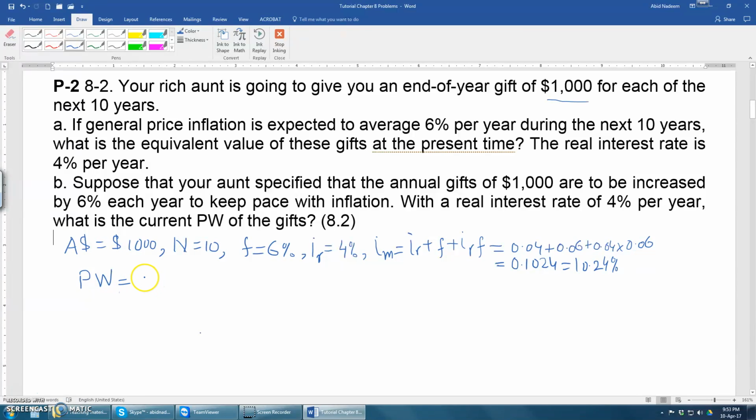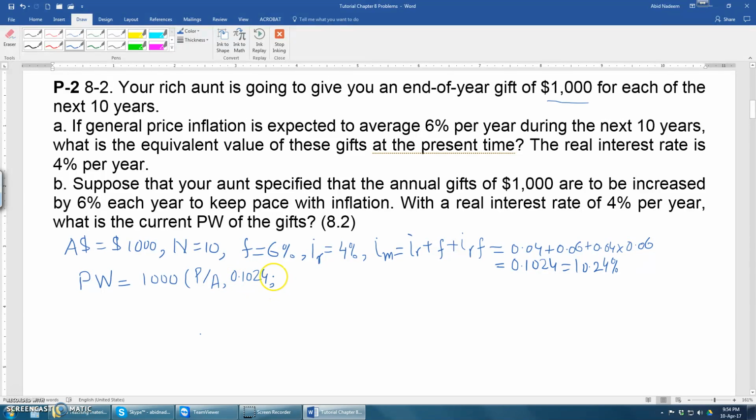So the present worth will be equal to 1000 multiplied by P over A, 0.1024, that means 10.24%, and this is for 10 years.